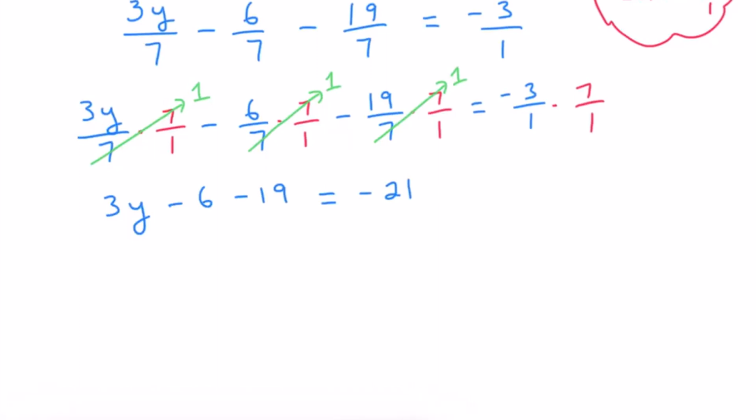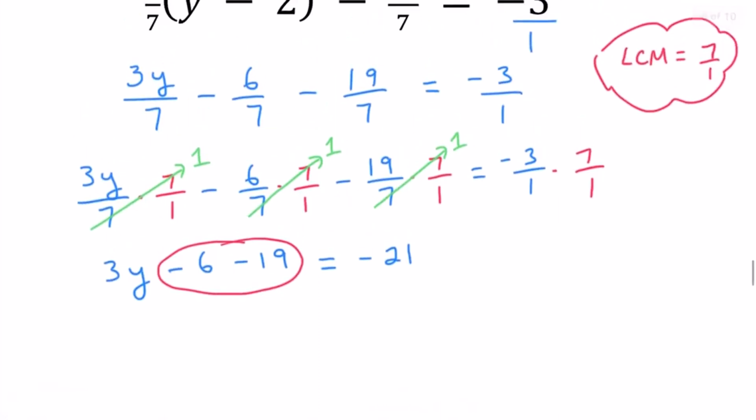So here we need to combine the numbers. Notice here, instead of combining down here, we can also combine it up here first before we get rid of the fraction. Or we can just get rid of the fraction and combine it down here.